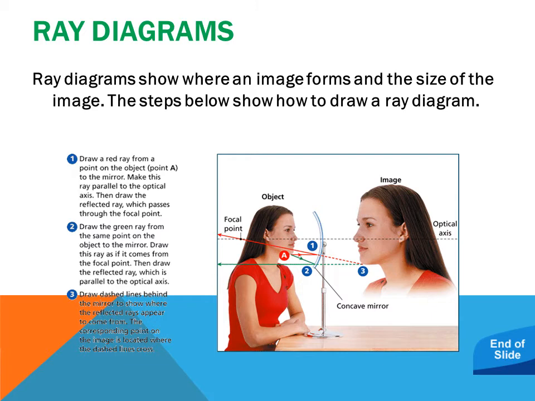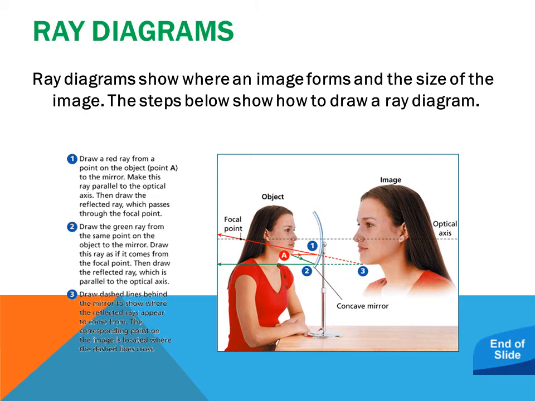Now we have the second step, which says draw a ray from the object, which looks like it is coming through the focal point towards the mirror.